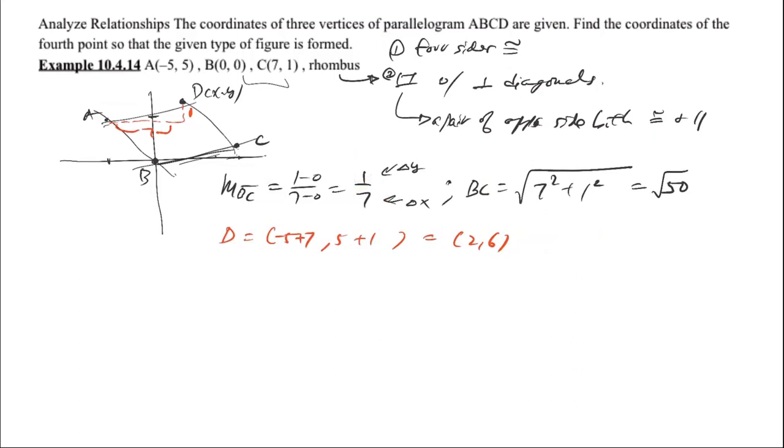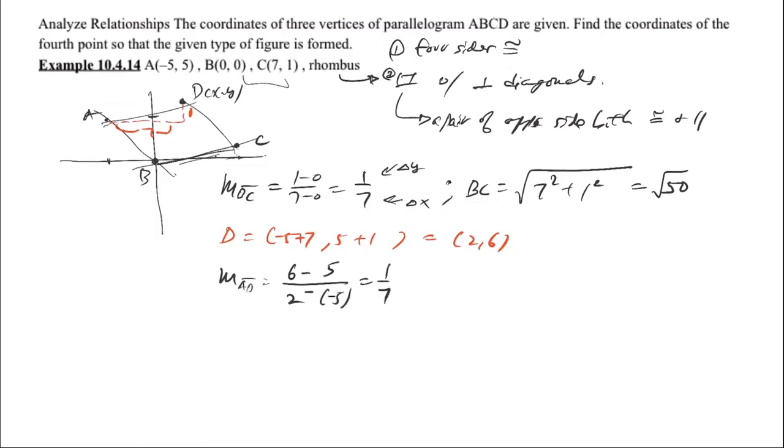So now we have to make sure that AD and BC are like that, right? So what is the slope of AD then? Change in y and change in x. So I'm going to write down the x and y value of the D, and I'm going to subtract the y and x value of the A, and A is 5 over -5.